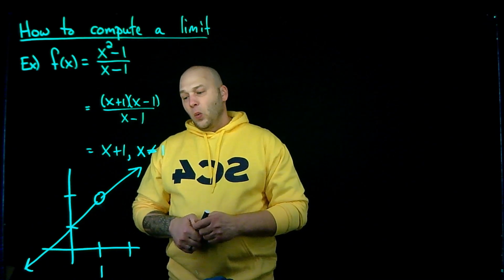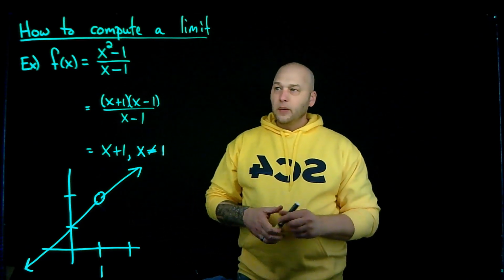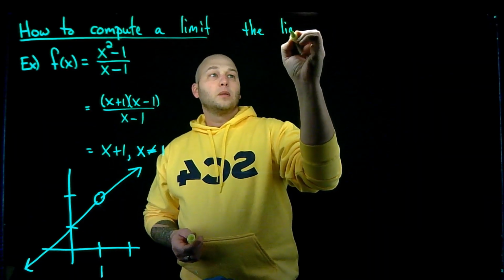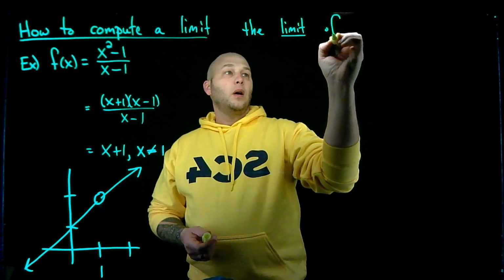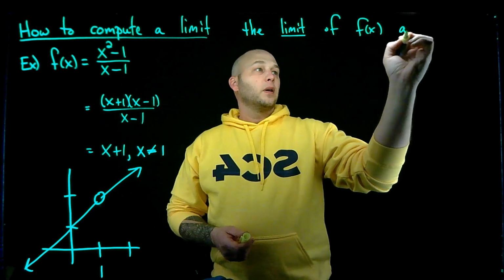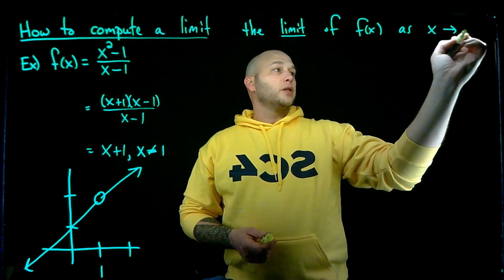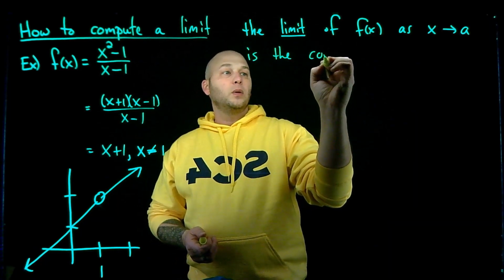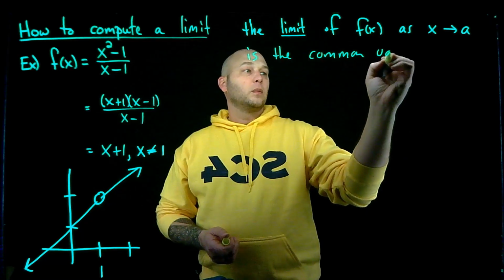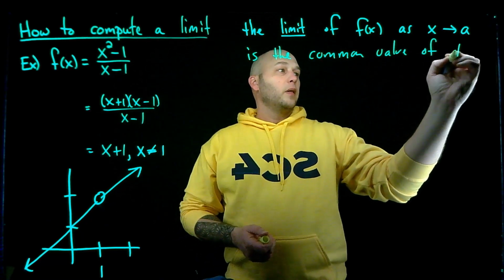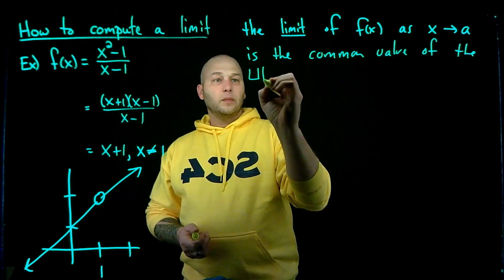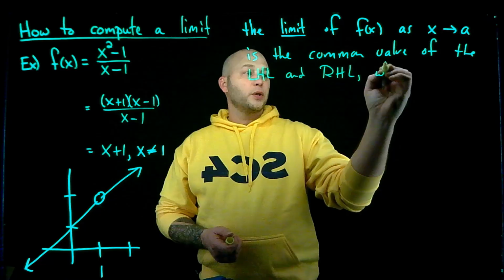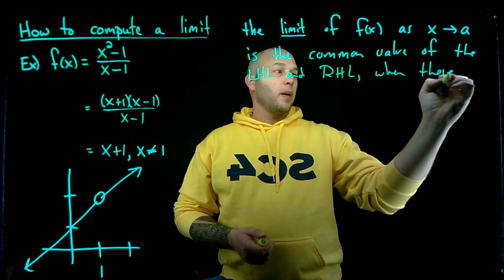Now, when you learn about the concept of a limit, the limit of f of x as x approaches a is the common value of the left-hand limit and right-hand limit, of course, when these values are the same.